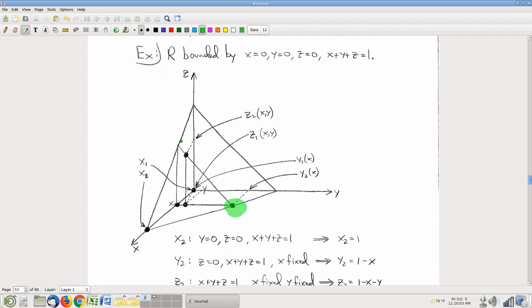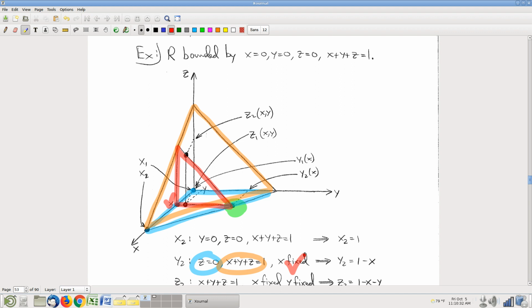You've got to have a good picture for this. The point that I'm interested in, that defines my y bound, is on that plane. It's on this plane. And, oh yeah, I've already picked x. X has been chosen. It's on this slice, so x is whatever it is.